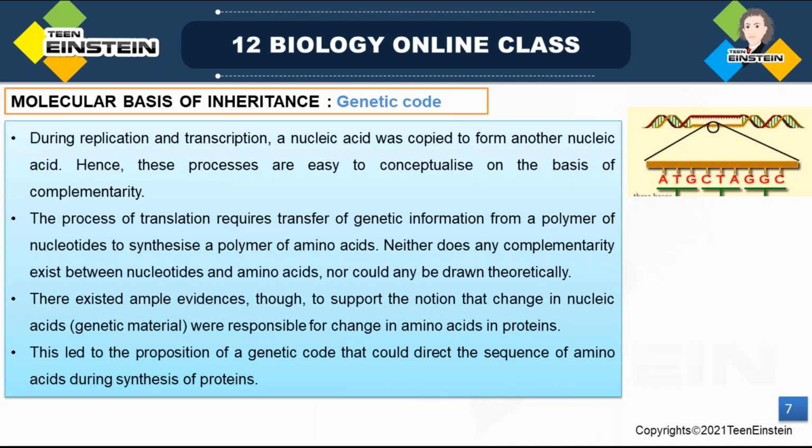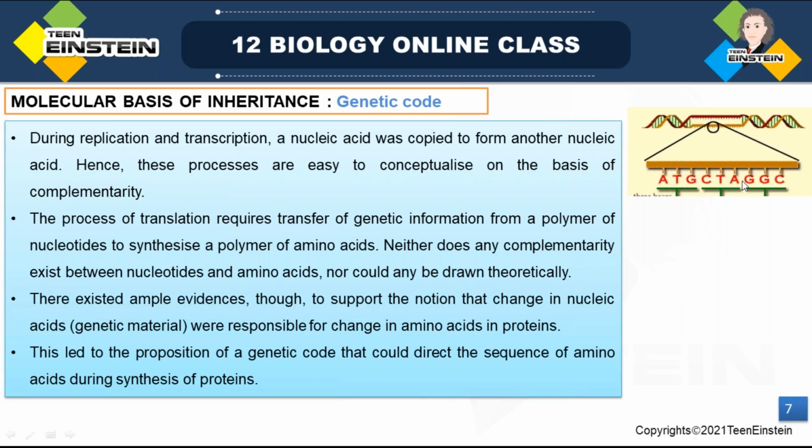Next, now you have almost an idea about transcription and replication. Next we are going to learn about the genetic code. In the process of replication and transcription, what is happening? In both cases, a nucleic acid is getting copied from another nucleic acid. Here you can see how the next strand is getting formed.